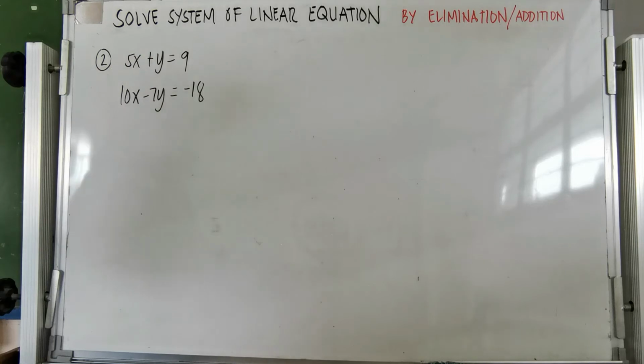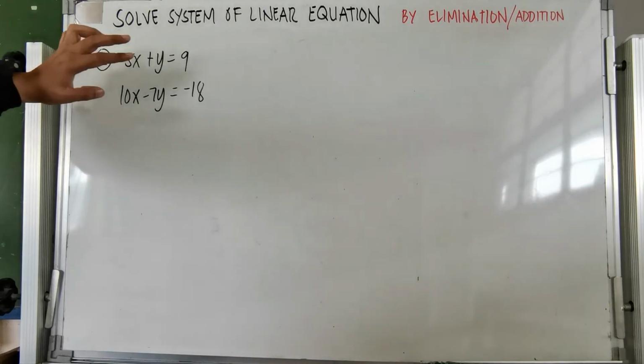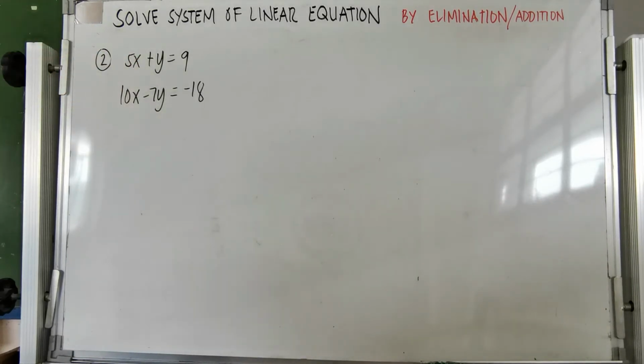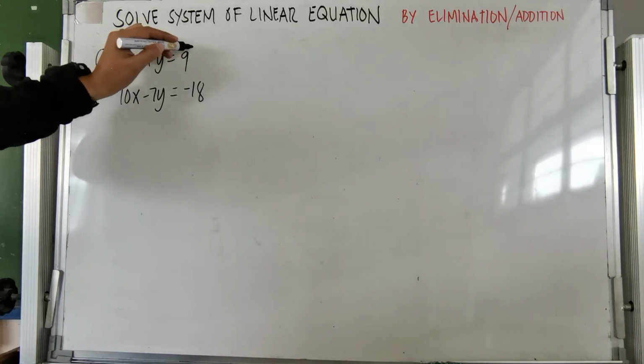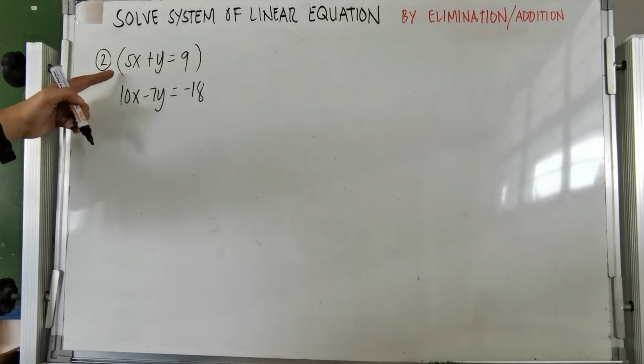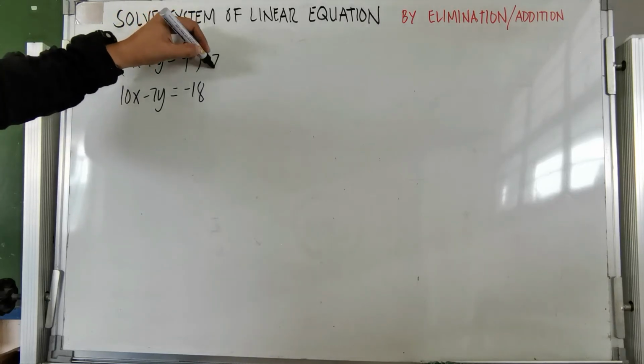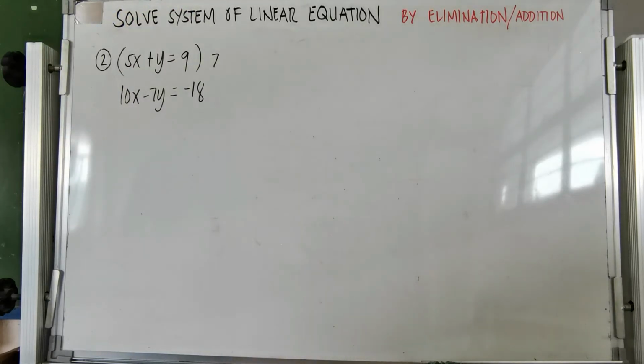Okay, so ibig sabihin, any method or any technique para magkaroon ka ng term na pwedeng ma-eliminate, pwede yon. So let's say, ang pipiliin ko na i-multiply sa first equation is positive 7.